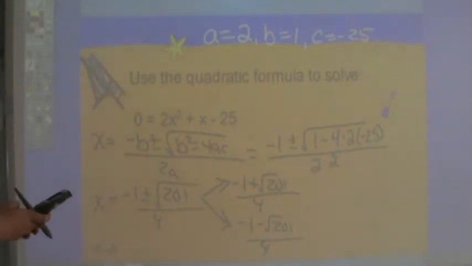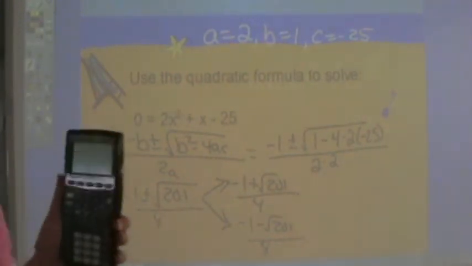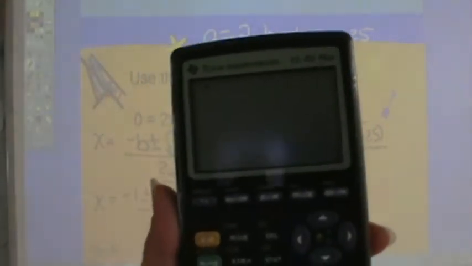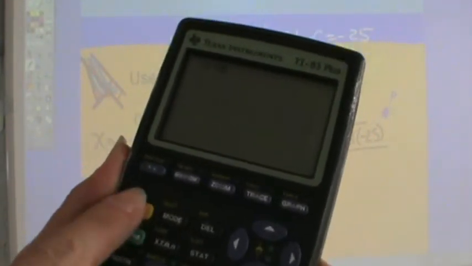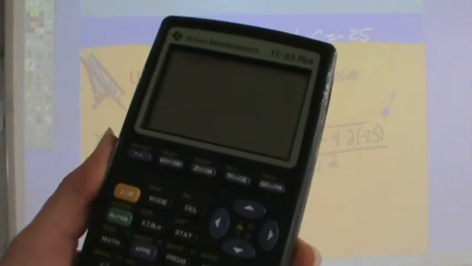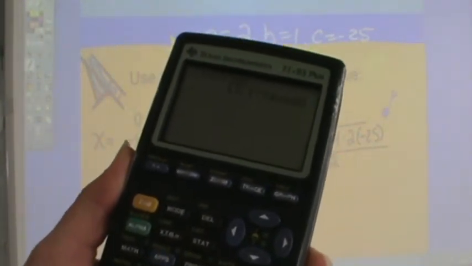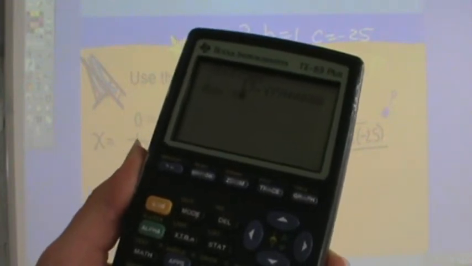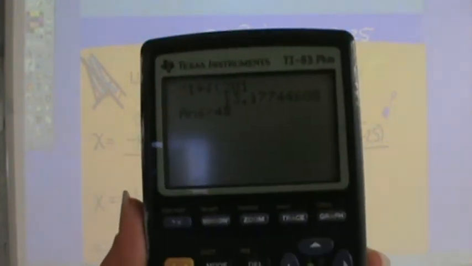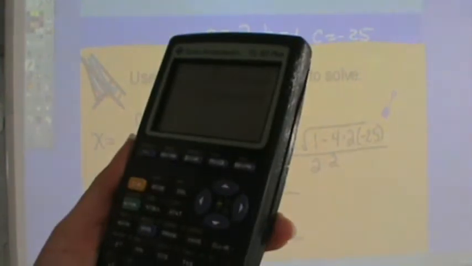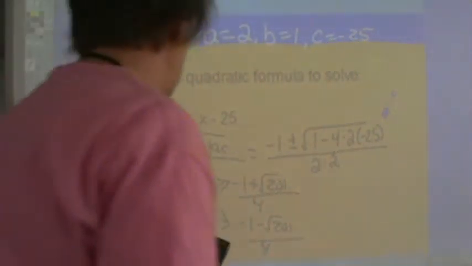In your calculator, you can make the calculator do it all itself. We want negative 1 plus the square root of 201, and then hit equals and divide that by 4. There's my one answer. It's about 3.29.